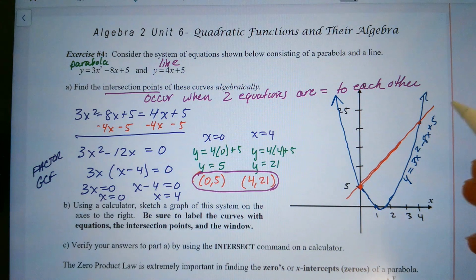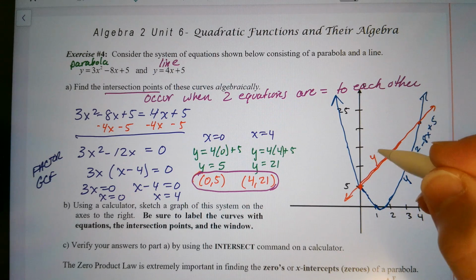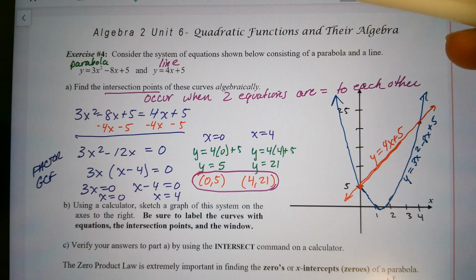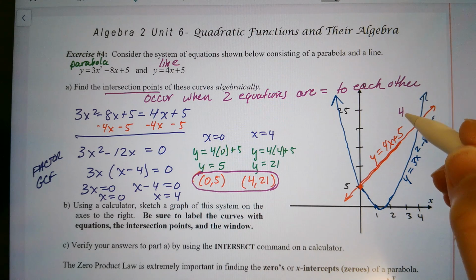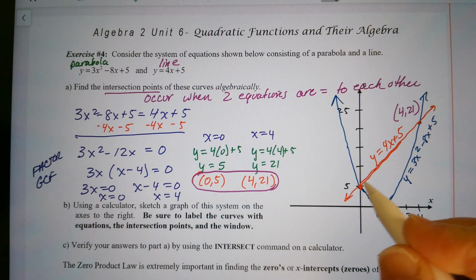It's quite a wavy line. It's not very straight, but that's okay. And this is y equals 4x plus 5. Alright. And our intersection points are (4, 21) and (0, 5).